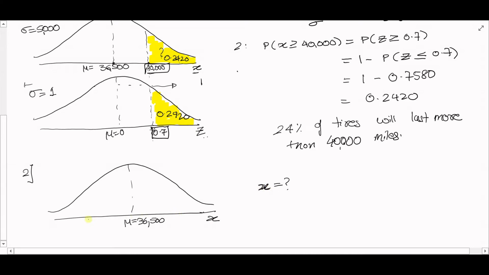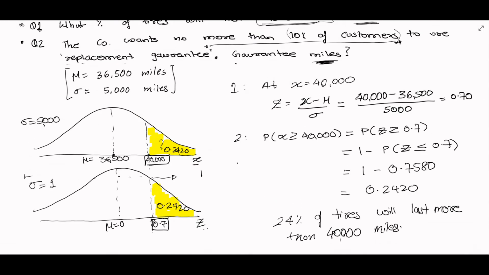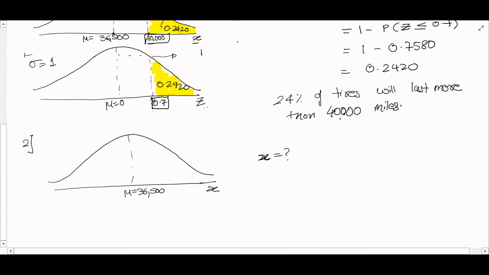So we are interested to find one particular x, the guaranteed x, in such a way that 10% of the customers will use this replacement, or 10% of the tires will last for that many miles, the guaranteed miles, only 10% and not more. And 10 percent, of course, is a number less than half, 0.5 or 50%. And so we are looking at this 10%.